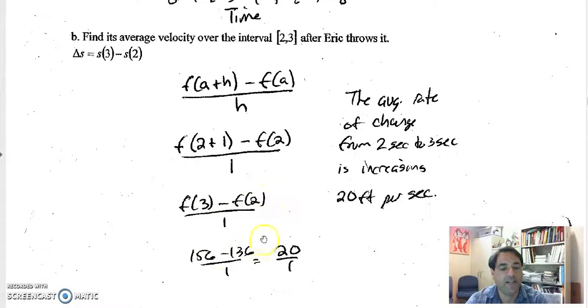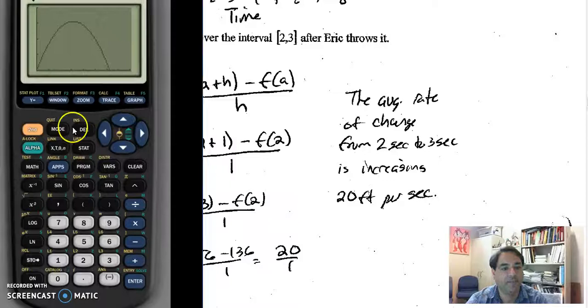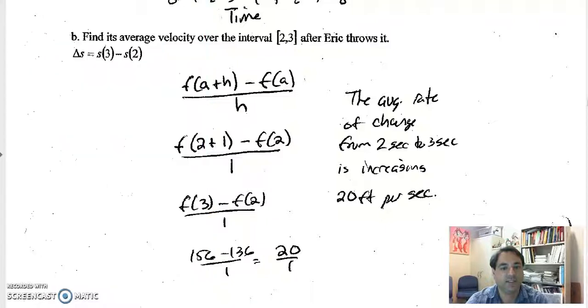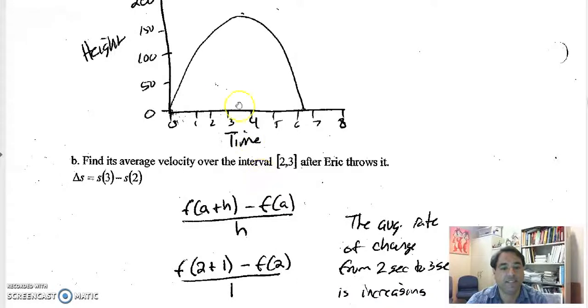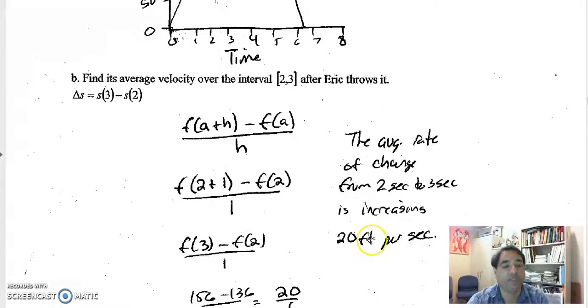To find f of 3 and f of 2, we go to the calculator, go to the table, delete what we have in there, type in 3, 156, type in 2, 136. So 156 minus 136 is 20 over 1. So the average rate of change from 2 seconds to 3 seconds is increasing, positive 20 feet per second. And I can see that from 2 to 3 it's going up, and it's going up 20 feet per second.